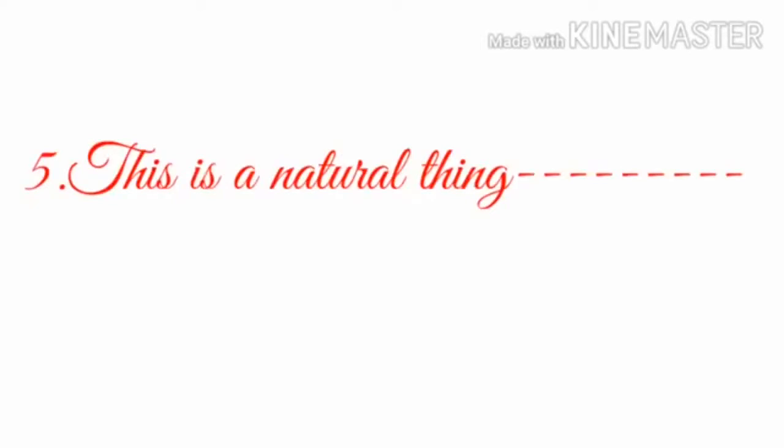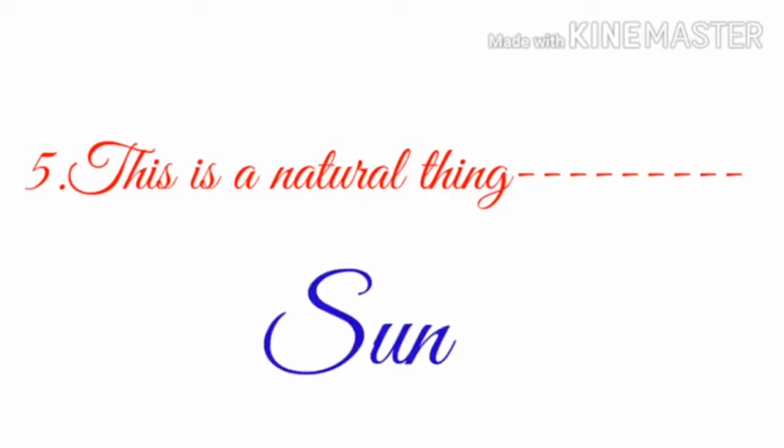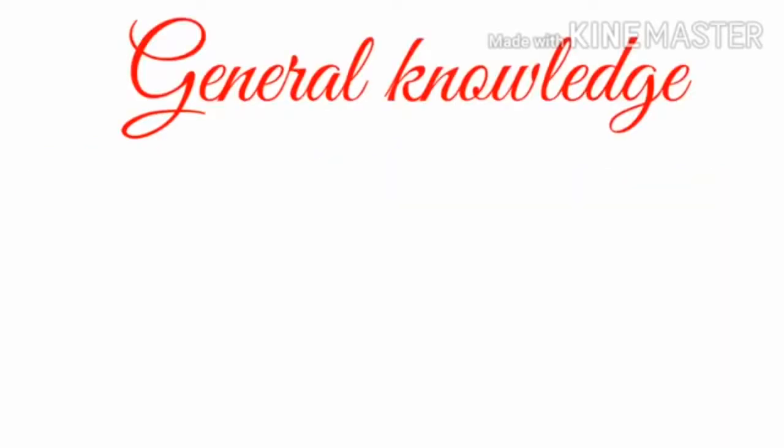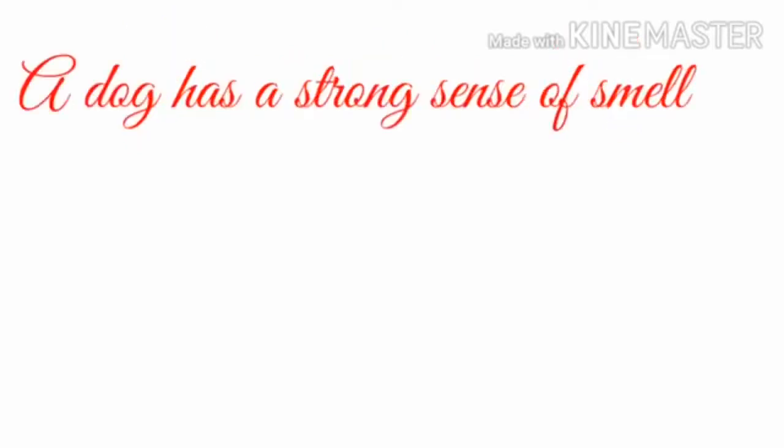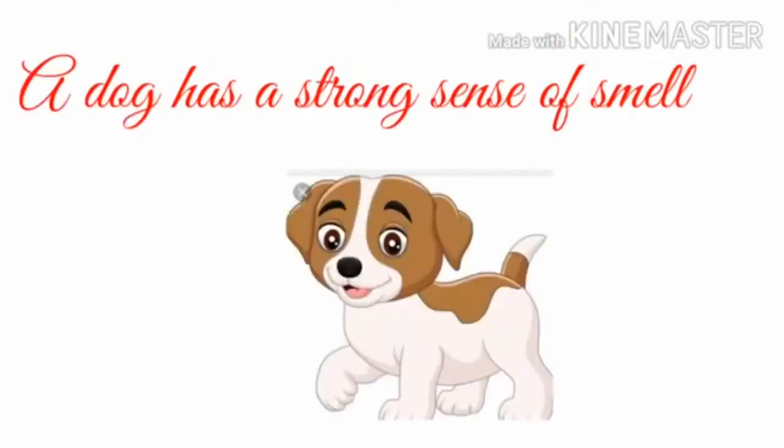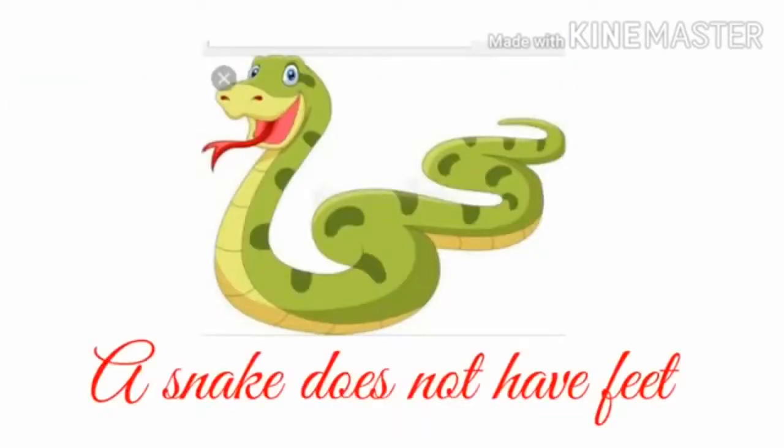Fifth question. This is a natural thing. Sun, car, or toy? Yes, the answer is sun. Improve your GK. A dog has a strong sense of smell. A snake does not have feet.